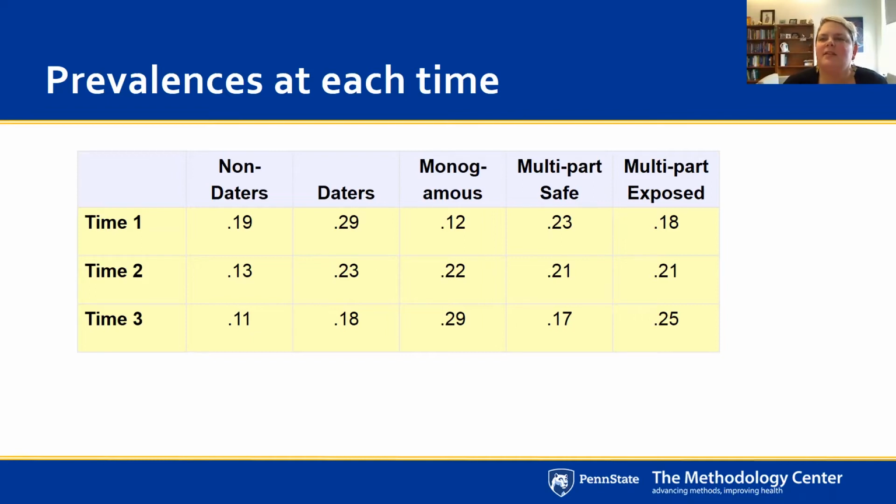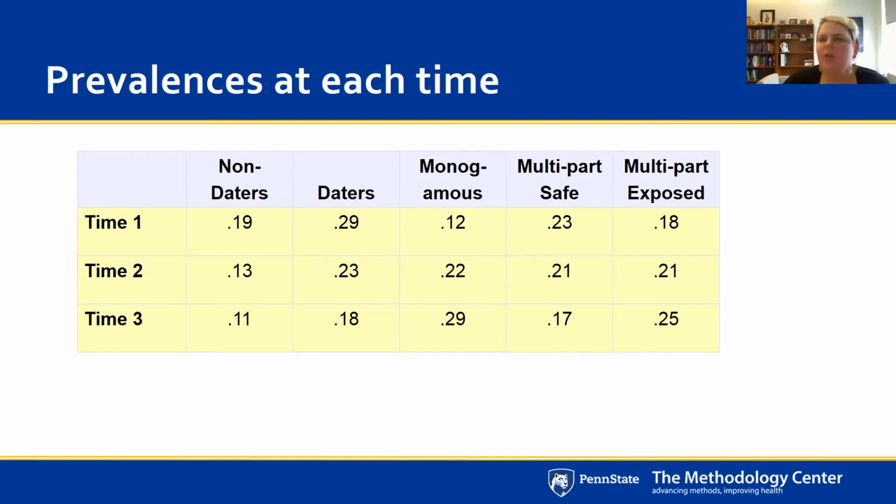People start engaging in more sex, and so you see that the monogamous rates are going up. Multi-partner safe is staying about the same, maybe decreasing just a tiny bit, and then multi-partner exposed is increasing a bit. So again, these are the prevalence rates at each of these 3 times.